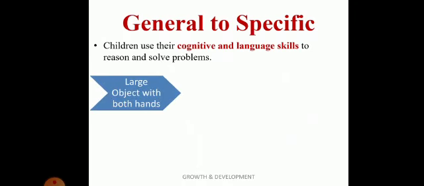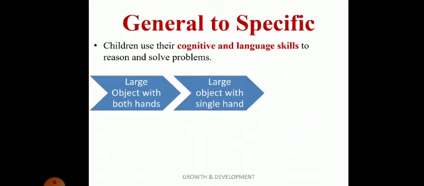Then it is also related to manipulation of different objects. So how are we learning? First of all, the child will use both hands to hold any large object. Then the same large object will be held by a single hand. Clear? So from two hands the child is shifting to one hand, so it is again coming to a specific hold.